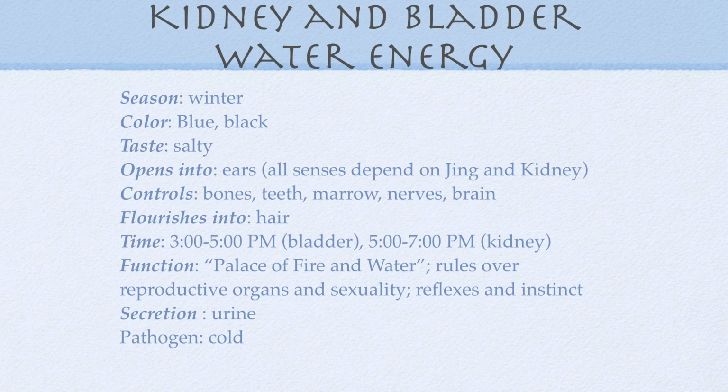The function, as it is described, is the palace of fire and water. We saw that at the beginning. Think of water, ocean. Think of water in all of our cells, 70% water, our body. And palace of fire, thinking of that basic pilot light, the basic electric flame that comes from water.